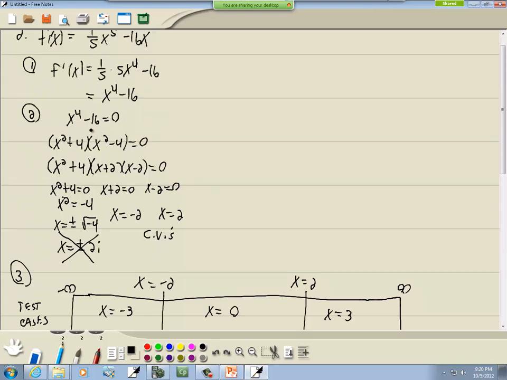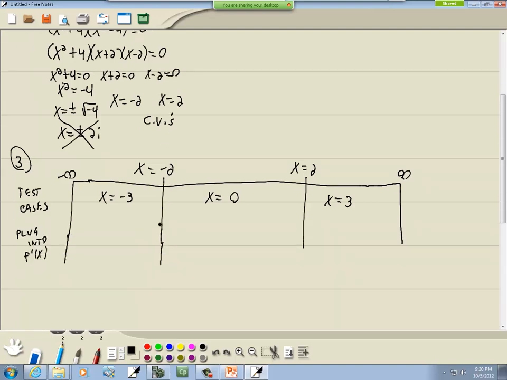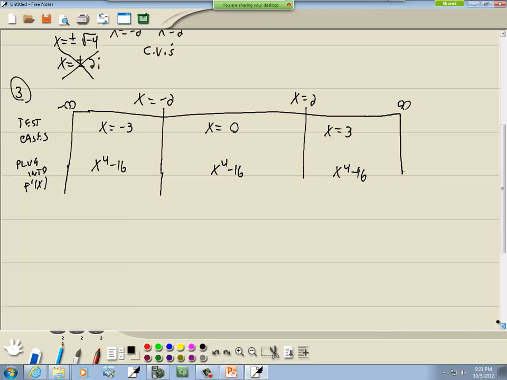Come up here, we got x to the fourth minus 16 as our derivative. So x to the fourth minus 16. And I'll do the same thing here, and do the same thing here. Now all we really care about is what the sign is. We don't have to actually solve it all the way down per se.